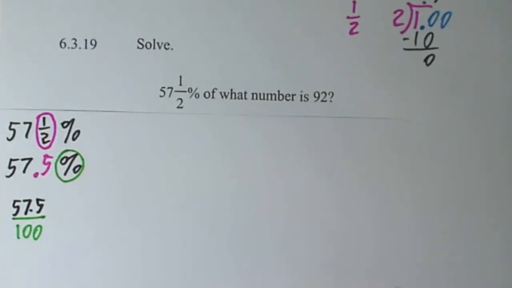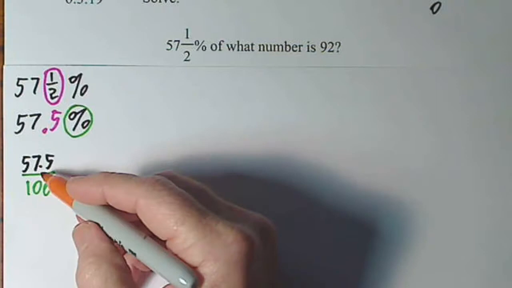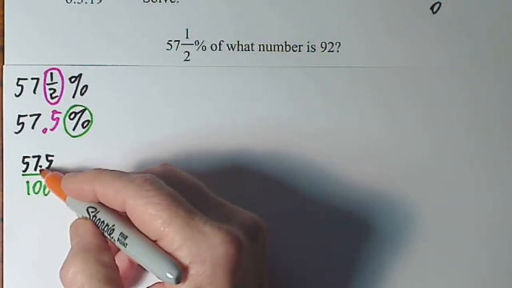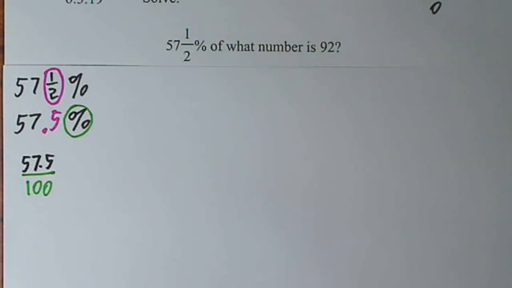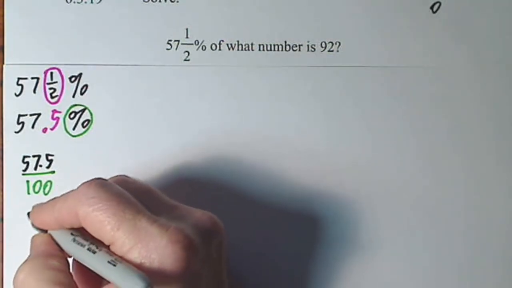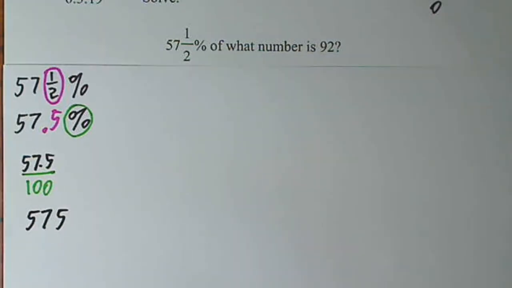When you divide a number by 100, the net effect is the decimal moves to the left 2 spaces. So we have 57 5/10.